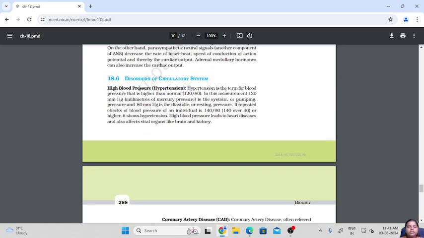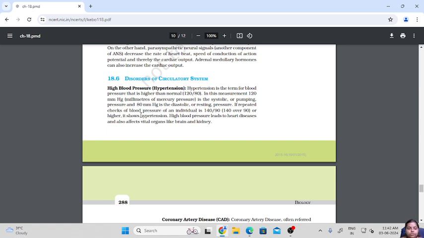Now we will see the disorders of the circulatory system, and this is the last part of this chapter. The first one is high blood pressure, also called hypertension. This is blood pressure that is higher than normal. The normal is 120/80, where 120 mmHg, millimeters of mercury pressure (Hg stands for mercury), is the systolic or pumping pressure, and 80 mmHg is the diastolic or resting pressure.